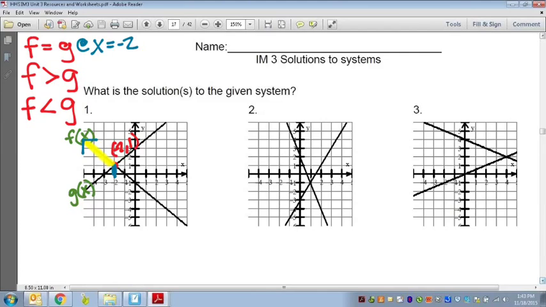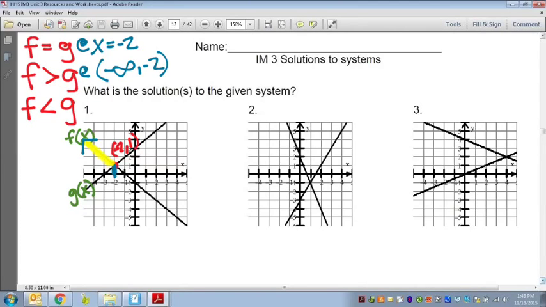So it starts being greater than g at negative infinity, right? Because it could be there, and it stops being greater than g at negative 2, because that's where it crosses, that's where it's equal.